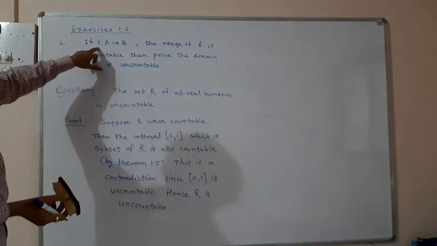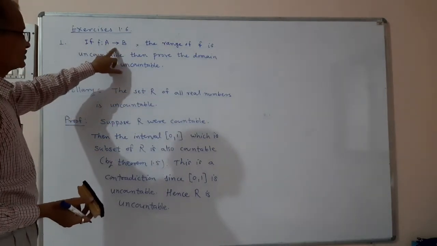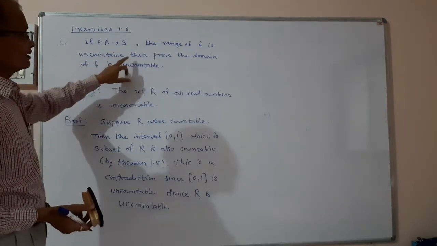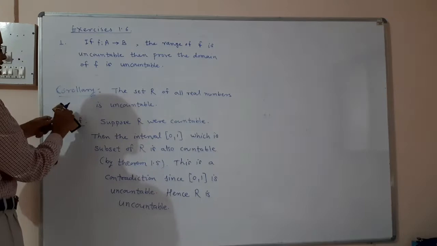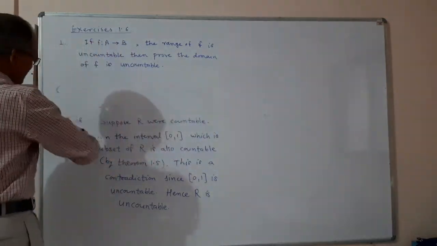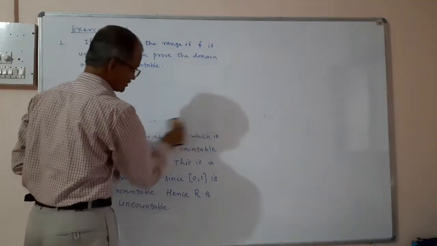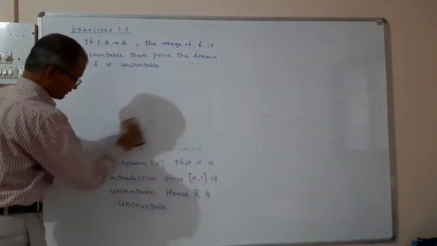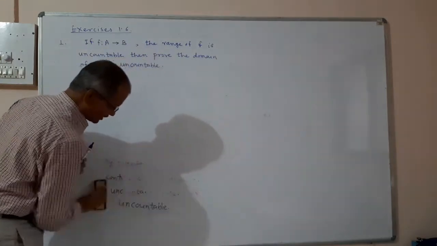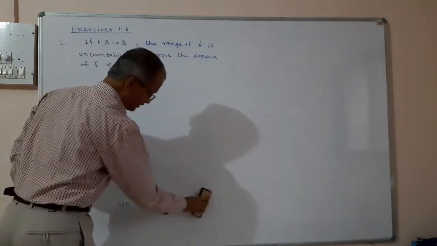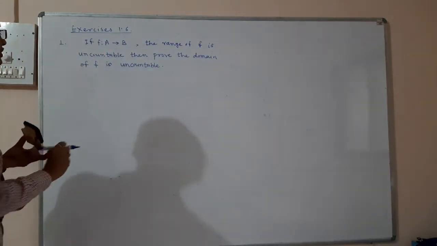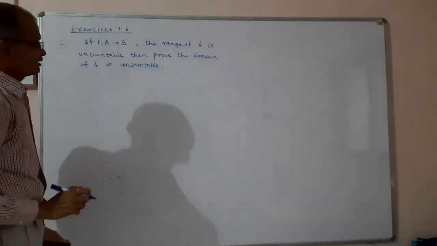See, if f is a function from A to B, and the range of f is uncountable, then prove the domain of f is also uncountable. Now we shall prove the result by taking the definition of range and domain of a function. Here it is clear that the domain of the function is A. We are asked to prove the domain is uncountable when the range is uncountable.